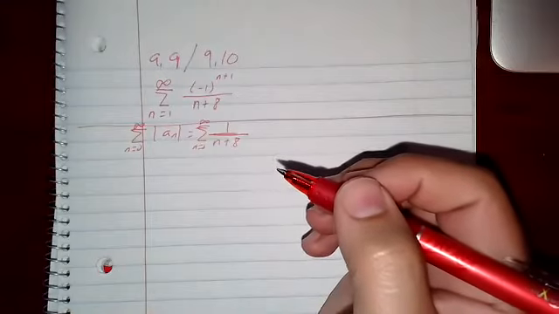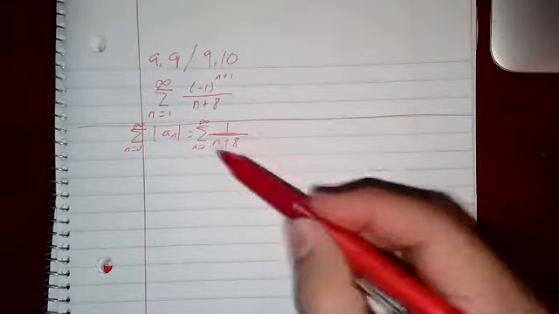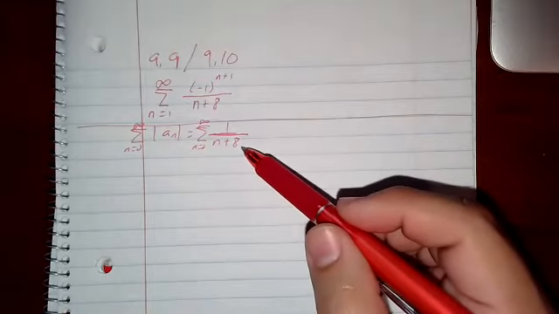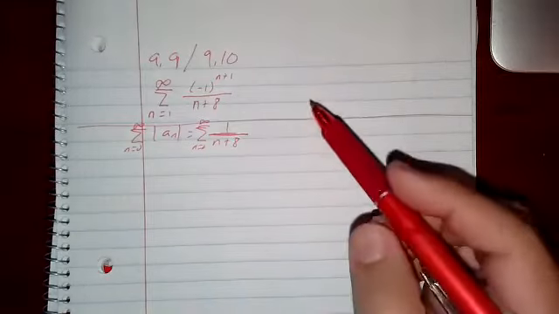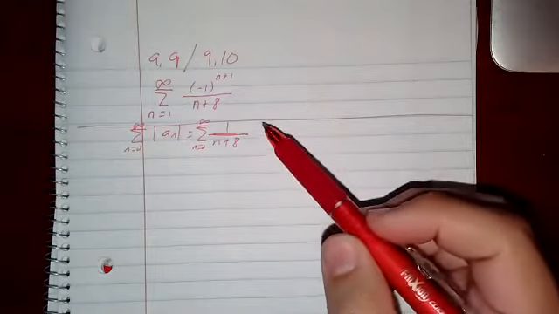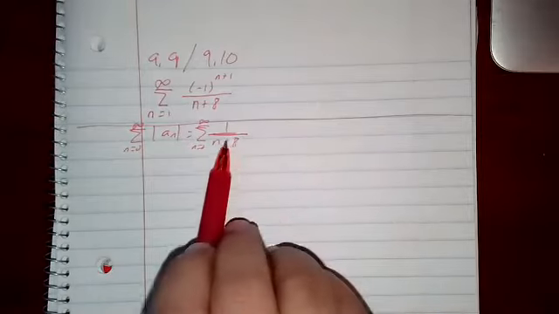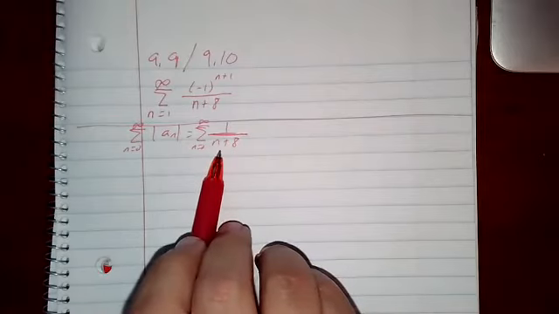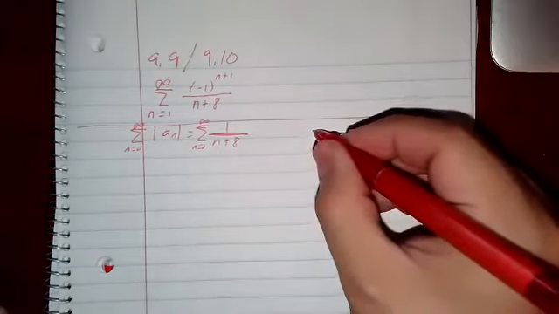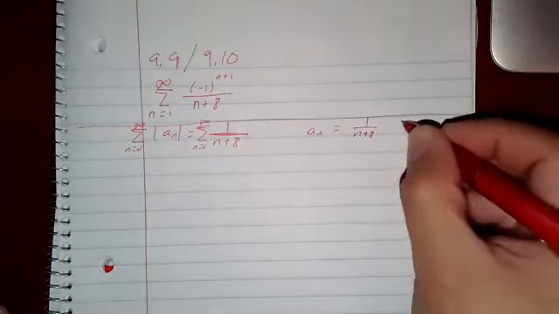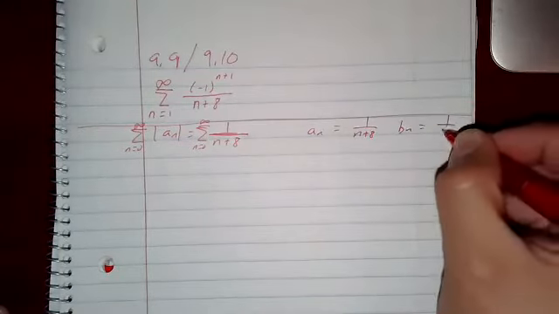You can already tell, at least I can, that this is going to be a divergent series when you compare it to a p-series. But let's show our work. We can do a comparison test or a limit comparison test. When I see something that looks like 1 over n, I want to compare it to it. So a_n will be 1 over n plus 8. b_n is 1 over n.